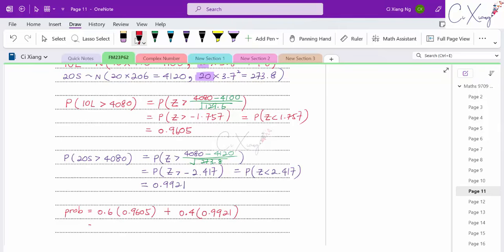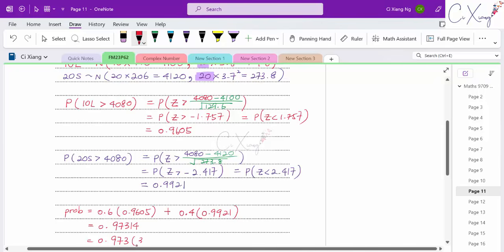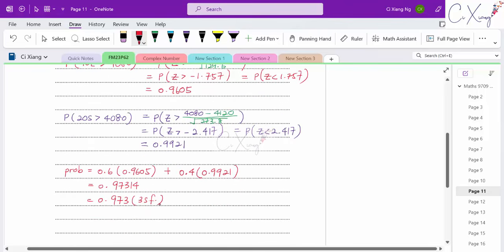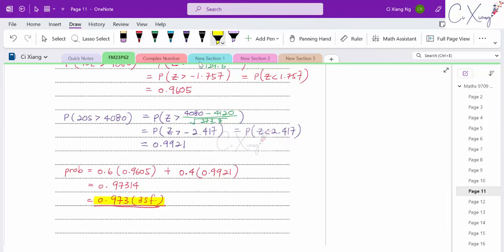Alright, so to calculate the probability, we need to consider them and then try to simplify them. The original answer should be 0.97314, and I will correct it to 3 significant figures, and my answer will be 0.973. Okay, so this is how we get the answer for this probability.